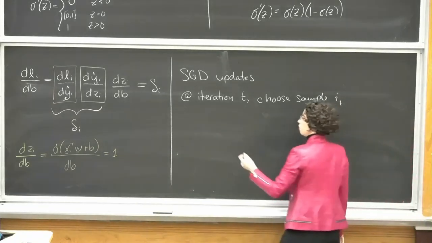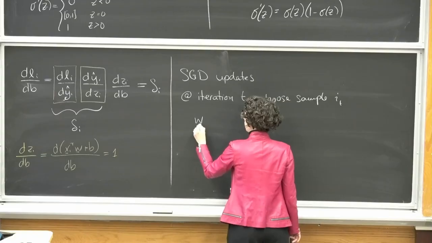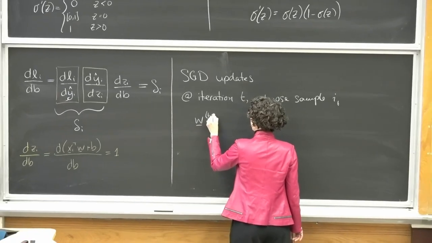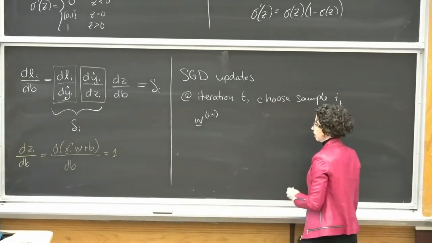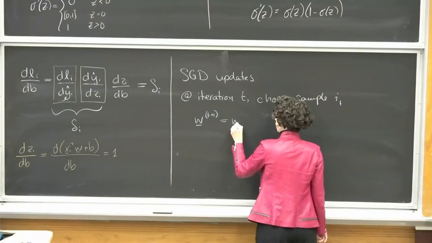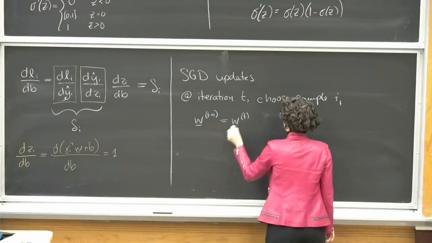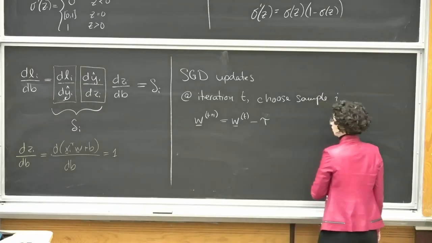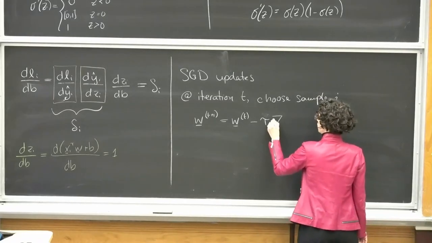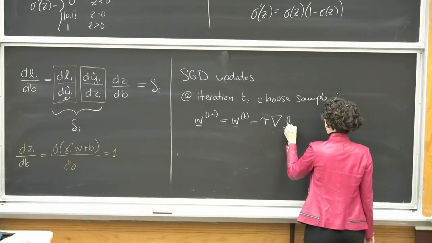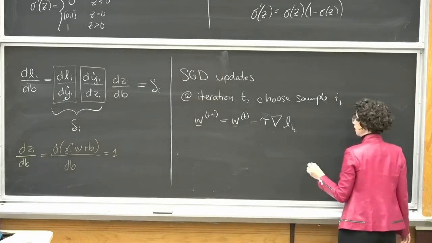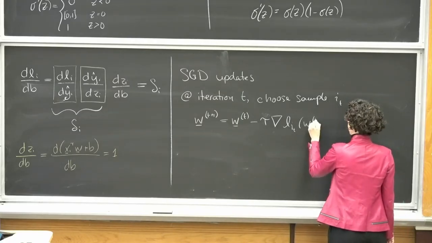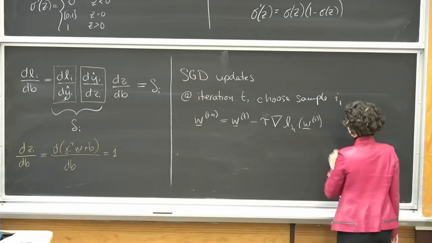And then we are going to say that our weight vector for the new iteration, t plus 1, is going to be equal to the weight vector that we are currently at minus our step size tau times this gradient of L i sub t evaluated at wt.